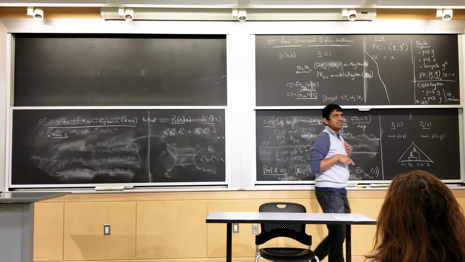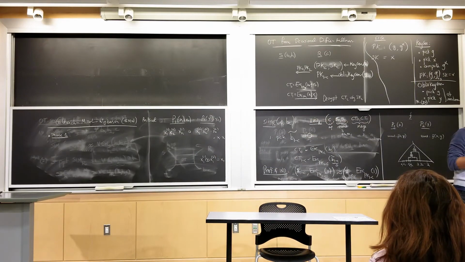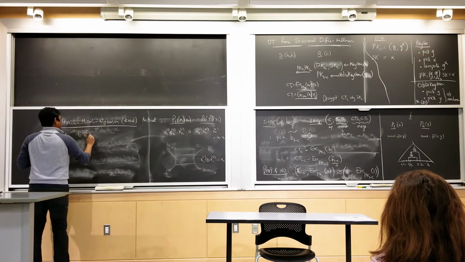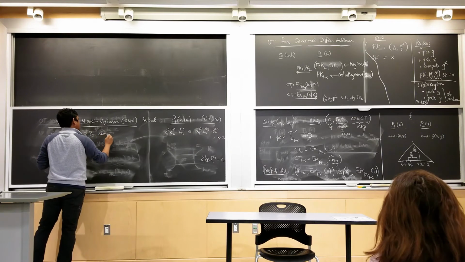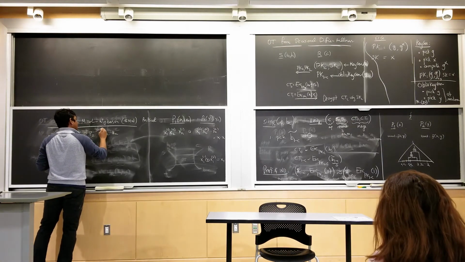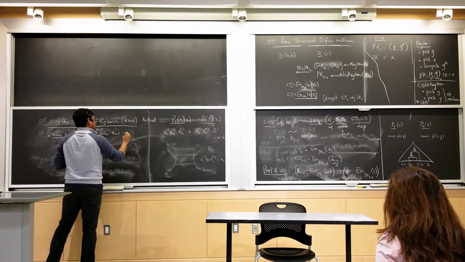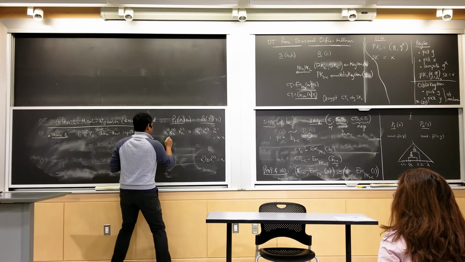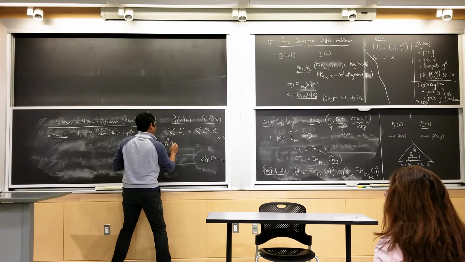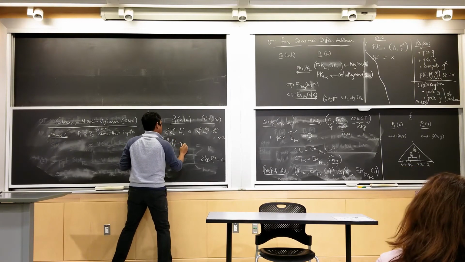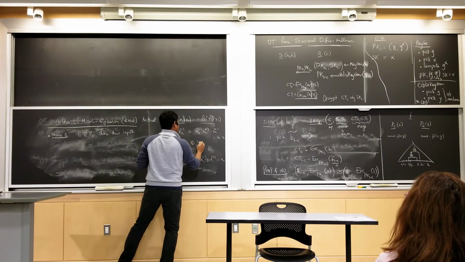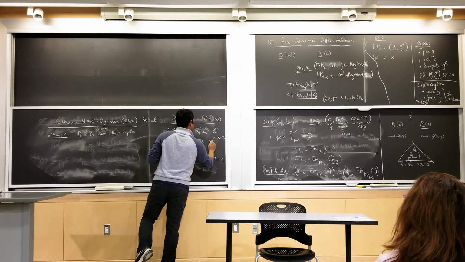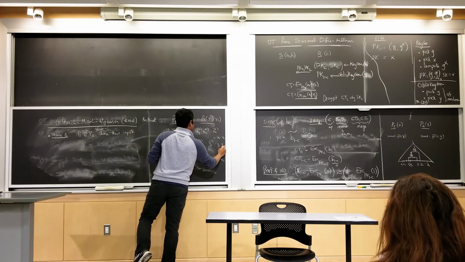P2 does the same thing with Y. So P1 and P2 secret share their inputs: Y1,1 up to Yn,1 XOR Y1,2 up to Yn,2 should be Y1 up to Yn.